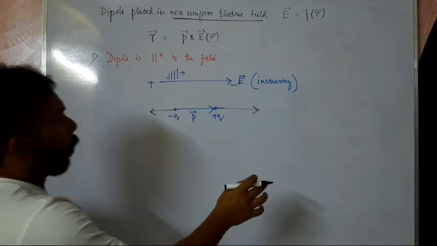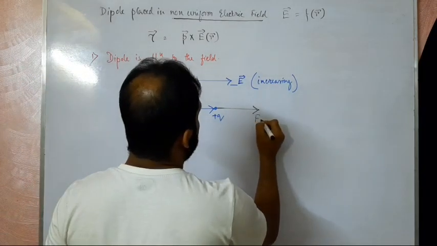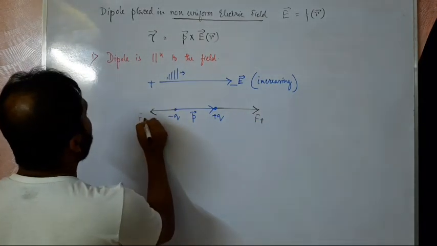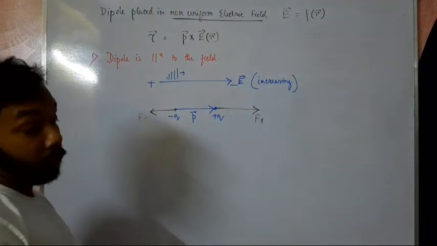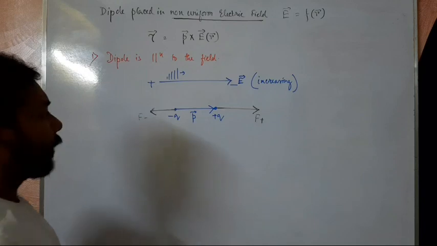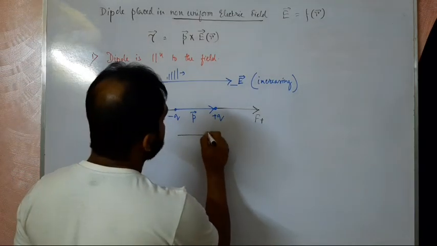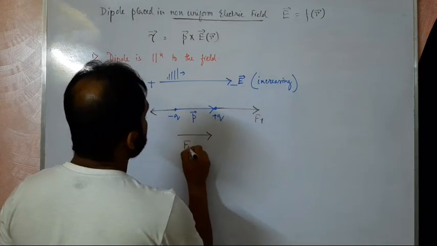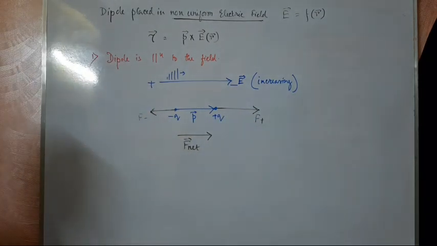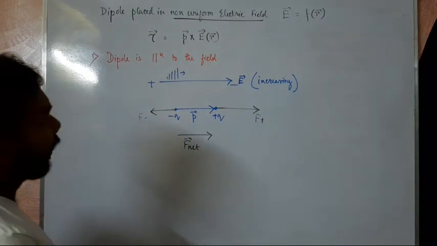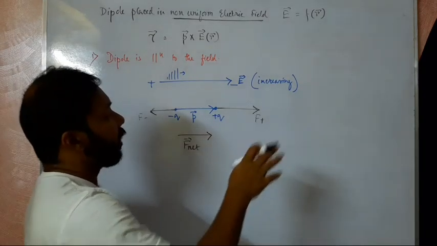So there are two forces. It is a positive and a negative. And due to these two unequal and opposite forces, the net force will be in the direction of the greater force, and hence we see the dipole will ultimately experience a force in the direction of the field.